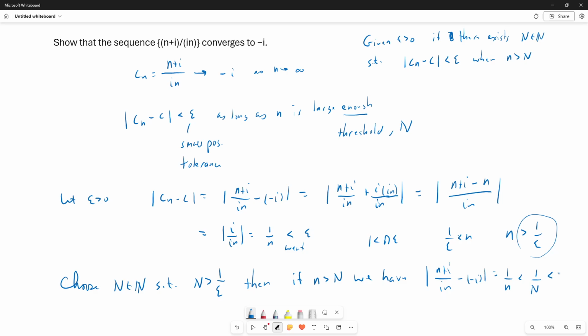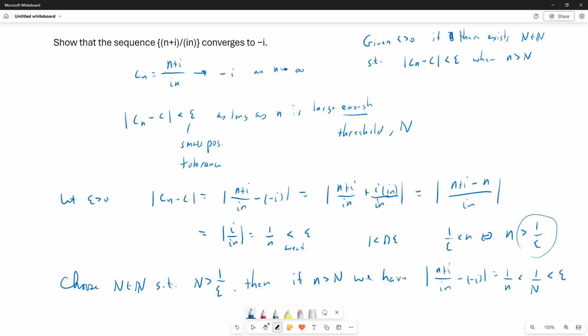And this one is less than epsilon. If N is bigger than 1 over epsilon, then 1 over N is less than epsilon. That's the same calculation that we just did right here, with a capital N instead of a small n.